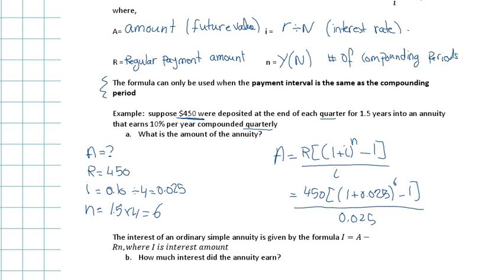Let's see who can get the correct answer the first time. What do you get? 2,874.40.